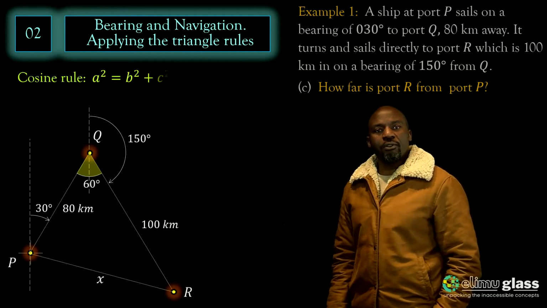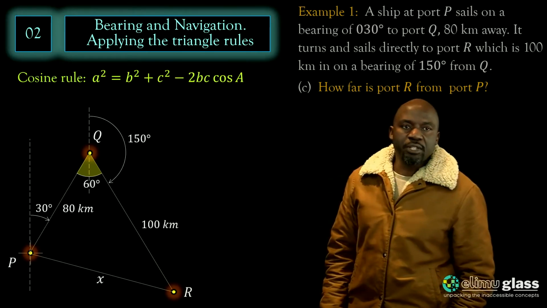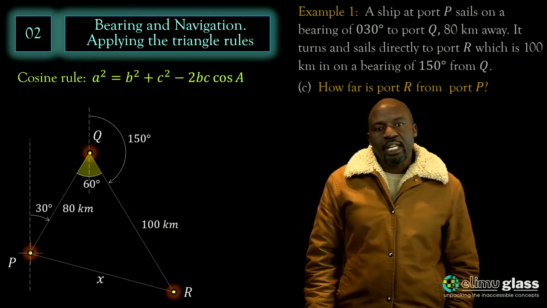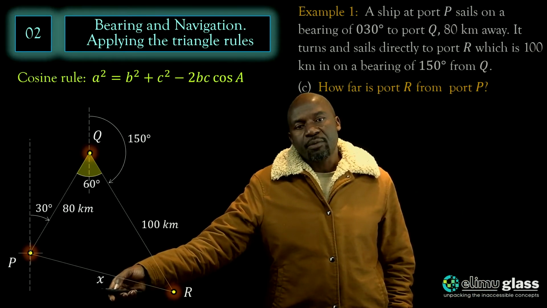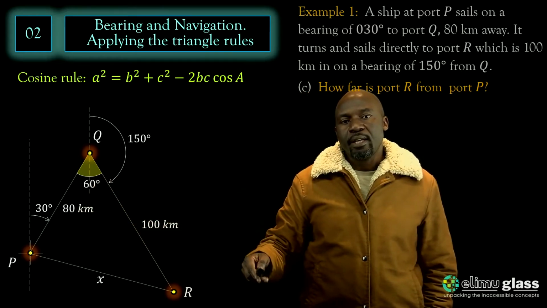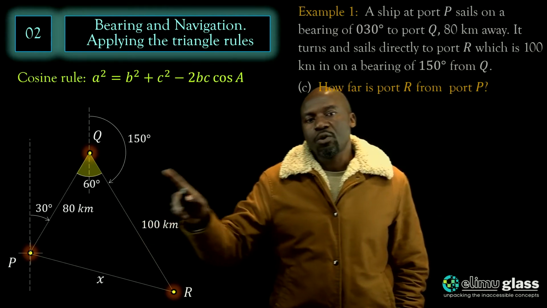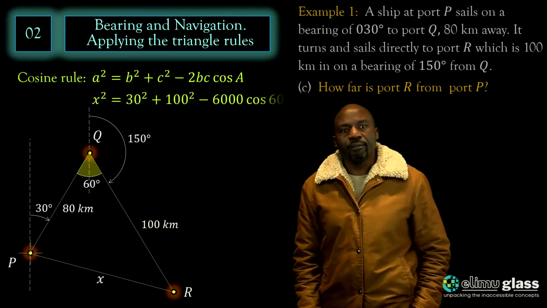Using the cosine rule, A squared is B squared plus C squared minus 2BC cosine of A. That means our X squared must be 80 squared plus 100 squared minus twice 80 times 100 cosine of 60. Let me write that down.